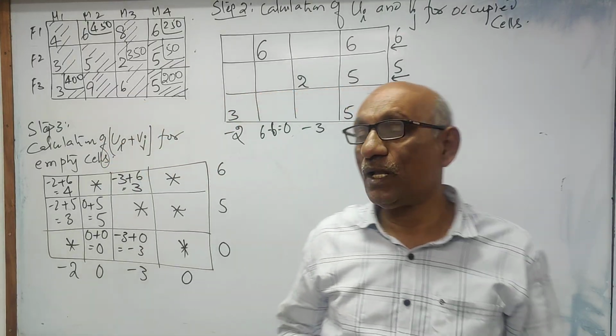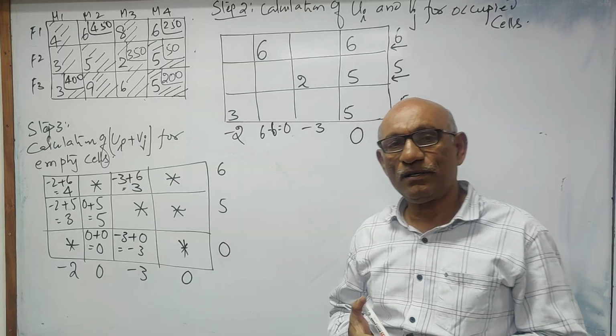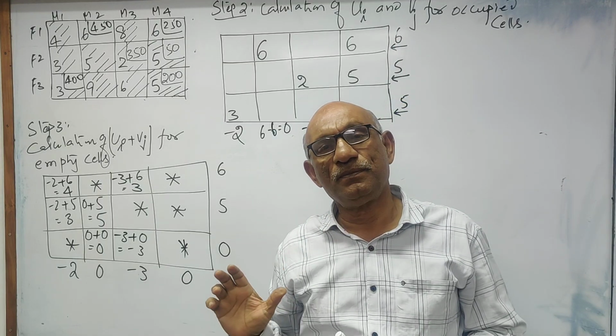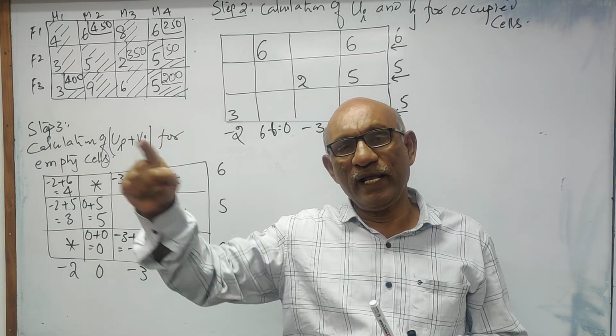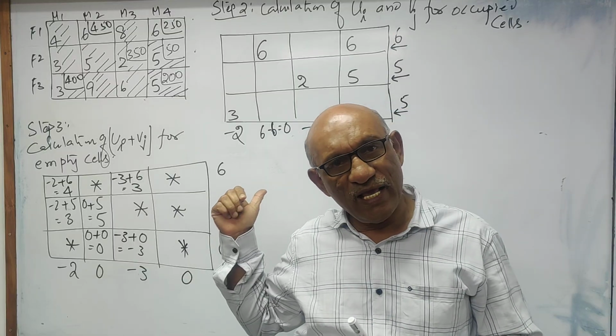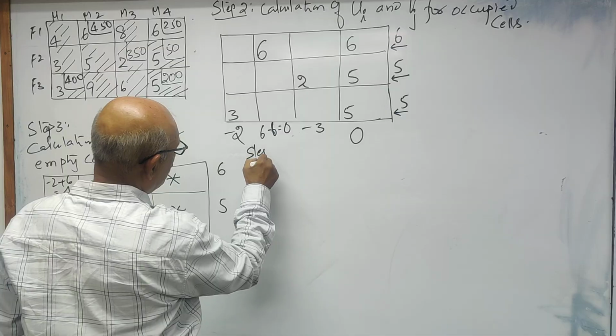This way, UI plus VJ for empty cells are calculated. Now the next step is your fate deciding step. In the sense, can I terminate the process or do I have to proceed further? That I will identify with the Dij matrix only. So this is step 4.